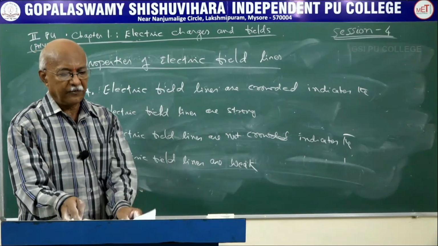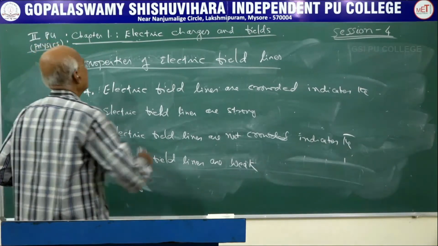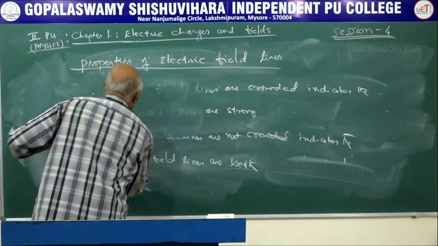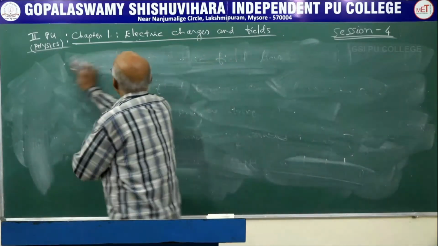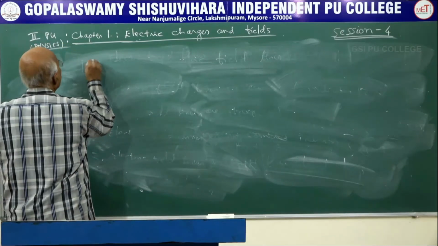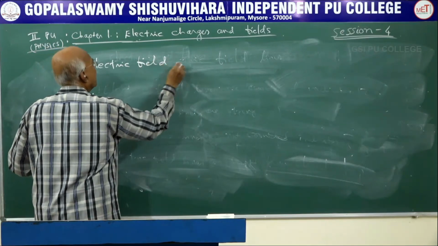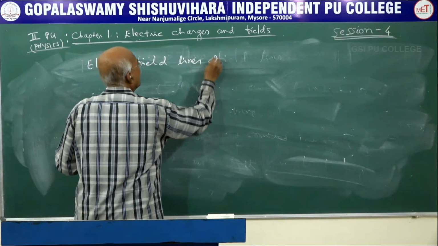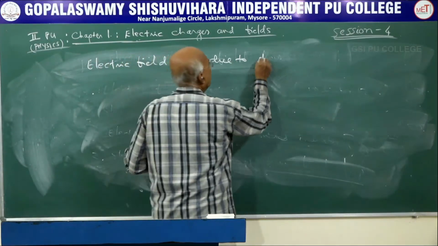Now we will write the next property, or the diagram. Electric field lines due to two positive charges.